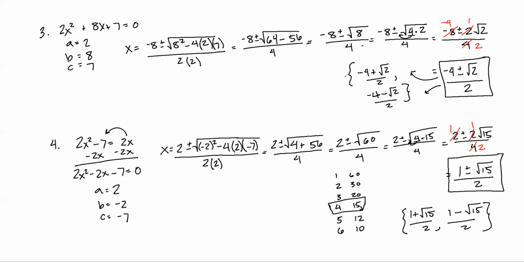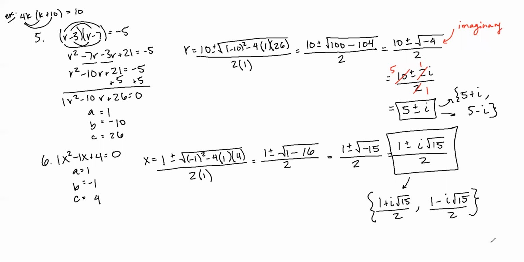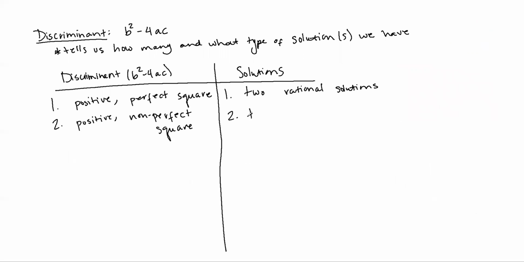When we simplified this all down, we ended up with this answer right here. And now this is irrational, because of the square root of 2. If we don't have the square root of a perfect square, it gives us an irrational solution, but we still have 2 of them because we have the plus and the minus. We got 2 solutions. So we're going to have 2 irrational solutions.